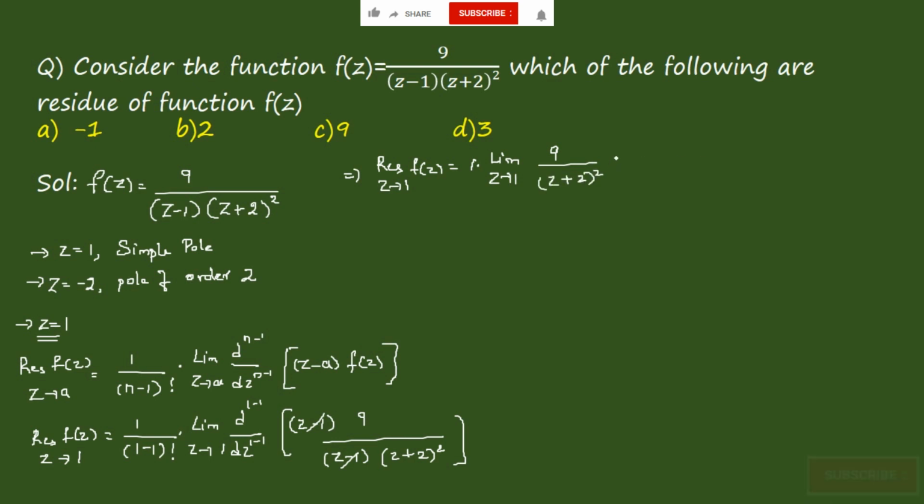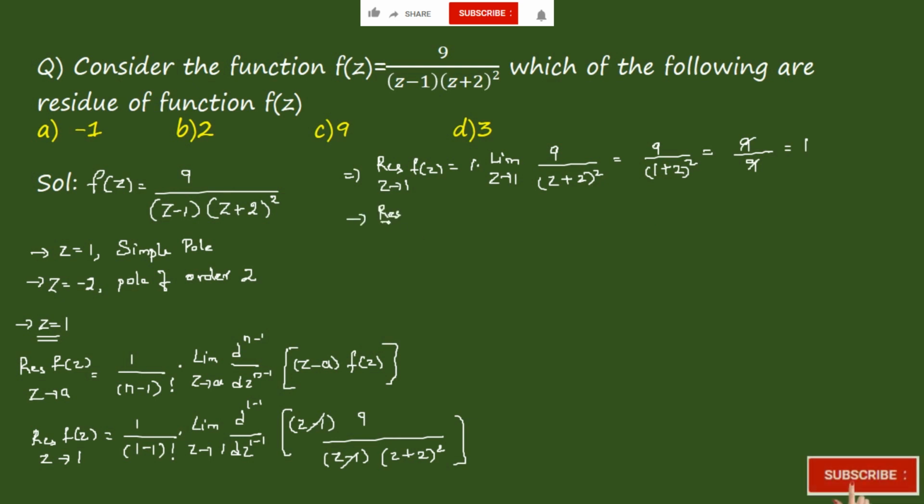When you substitute 1 here, we get 9 divided by 1 plus 2 whole square, which is 9 by 3 square, which is 9, and they get cancelled, which is equal to 1. Now option 1 is not given, so we'll go with z is equal to minus 2.